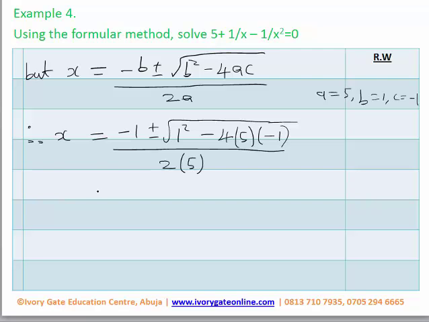So here we need to be mindful of space. We have minus 1 plus or minus square root of 1 squared is 1 minus 4 times 5 is 20.